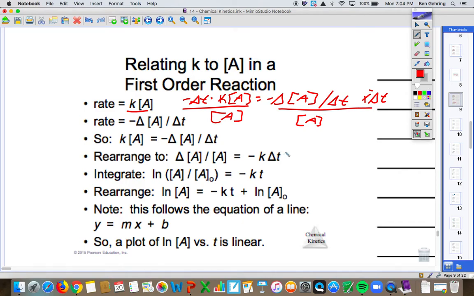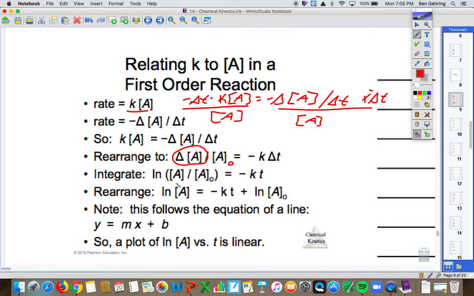From this point, we're going to integrate this, and we're going to take the natural log of this side, and that's going to set us up for where we're going. We change the change in concentration of A, making this our new concentration, and we make your regular concentration A naught, which is our initial concentration.